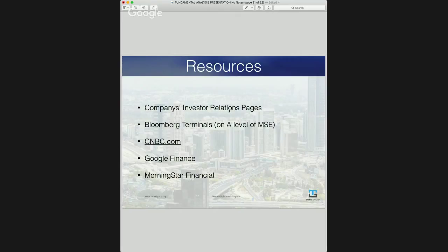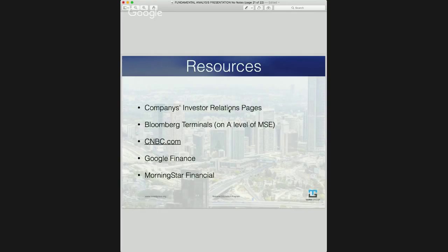Now, when we're looking at resources, we want to look at where we can get this information. A lot of this information is going to be predetermined for you. CNBC, Google Finance, Morningstar Financial, they're going to have the price per earnings ratio, the PEG ratio, all that stuff we were talking about, the income statement, pre-calculated for you, as well as a whole host of other analysis tools.